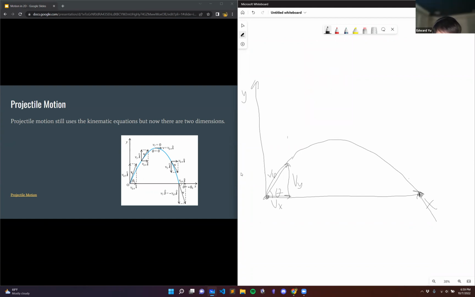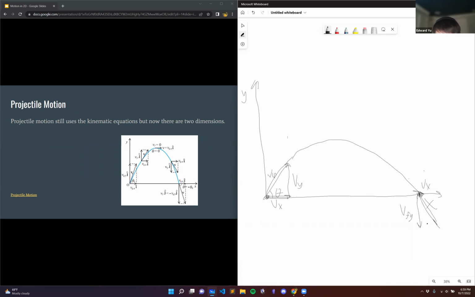So another thing is that if you're trying to find the final velocity it has, which I put down here, then you would find the final Y velocity, and the initial and final X velocity is just going to be the same. So the Vx here is just going to be the same as the Vx here.